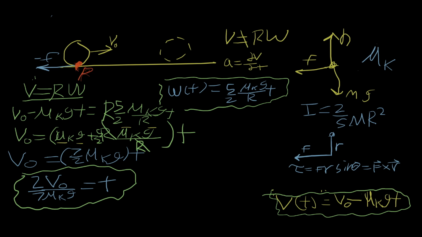Okay, so it asks, why is the angular momentum not changed at this point? The reason is that the friction is acting on the point of axis, if we're using P as our axis for angular momentum, and so it doesn't change. The only thing that has a torque on this point P is our gravity, which is mass times the radius of the ball, which never changes as it starts to slow down.